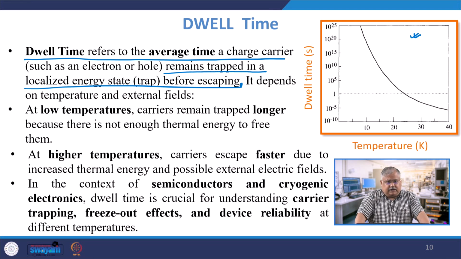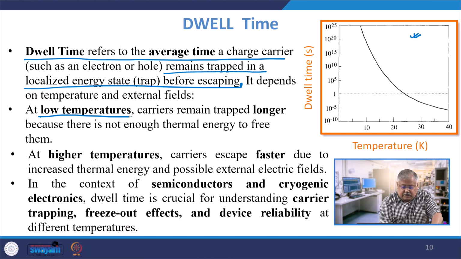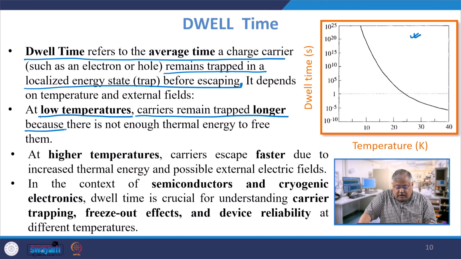At low temperatures the carriers remain trapped for a longer time because there is no thermal energy available. However, at higher temperatures the carriers escape faster because of the large amount of thermal energy. Also, if the external electric fields are large, they will be able to pull the electrons away at a very fast pace.